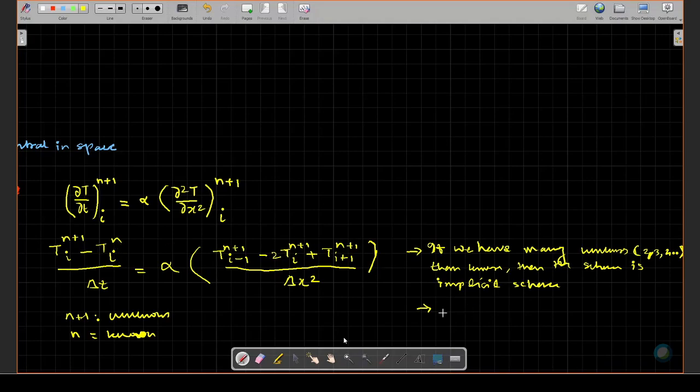So we have to solve for all the interior points.